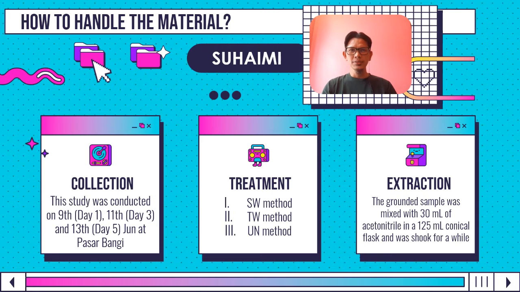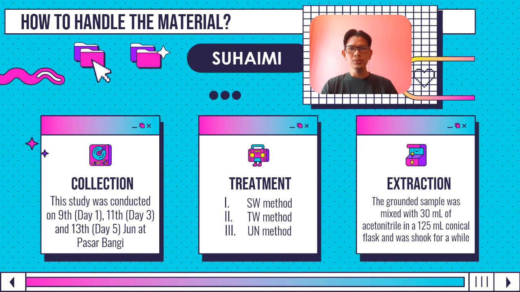Secondly, is sample treatment. There were 3 treatment methods used in sample preparation. Number 1, SW method. The sample is soaked in 200 ml of 0.01 gram per ml salt water 1 hour before extraction.